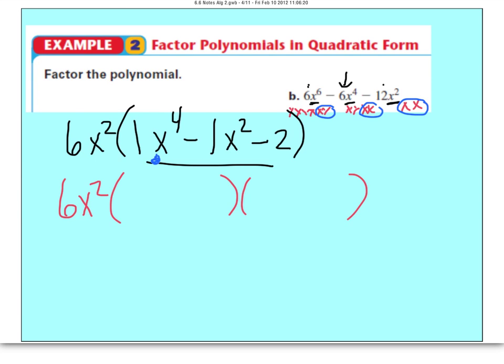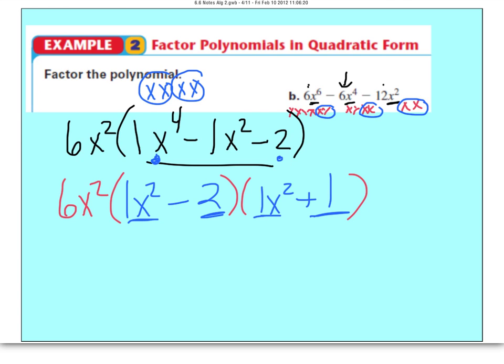I break up 1x to the fourth. Again, x to the fourth, each group goes here and here, has to be split up equally, so everyone gets an x squared. Factors of 1 are just 1. Then you're going to break up negative 2 here and here. I'm just trying, what gets negative 2? How about negative 2 plus 1?